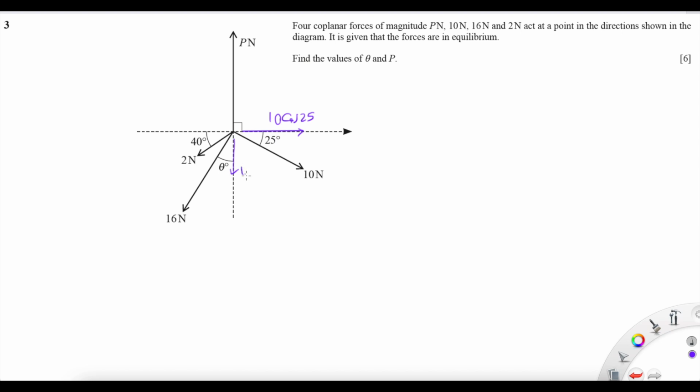So this is 10 sine of 25 degrees. This force I resolve, so it is 2 cosine of 40. Then if I horizontally resolve this force, this is opposite, so this force will be 16 sine of theta. So I write horizontally first.